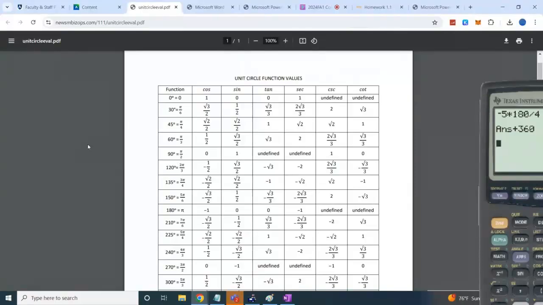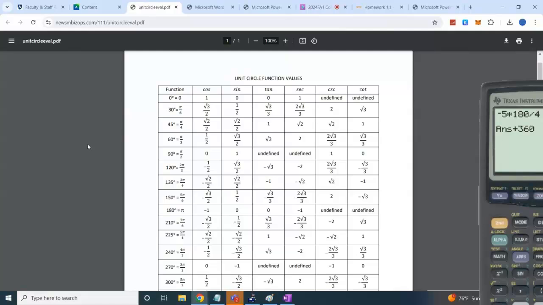So it gives you the degree measure, it gives you the radian measure, it gives you the cosine. We haven't talked about this yet, but it gives you the cosine for each angle, the sine, the tangent, the secant, the cosecant, and the cotangent. But for now, you can also find some of these common degree radian equivalents in this chart as well.